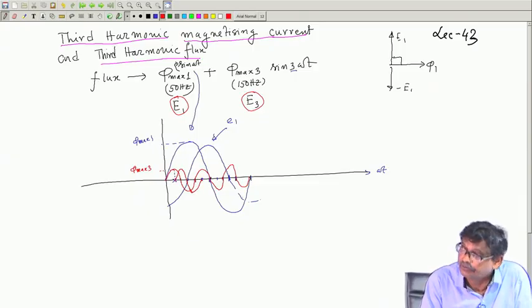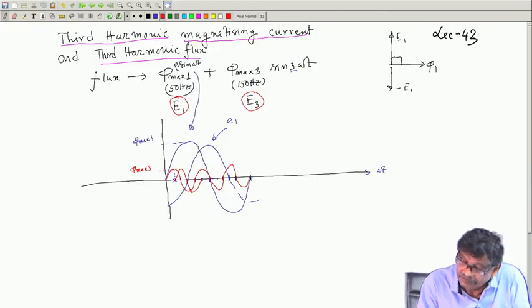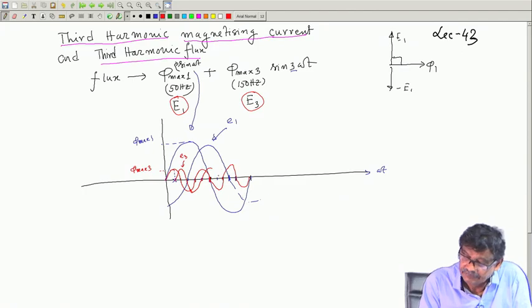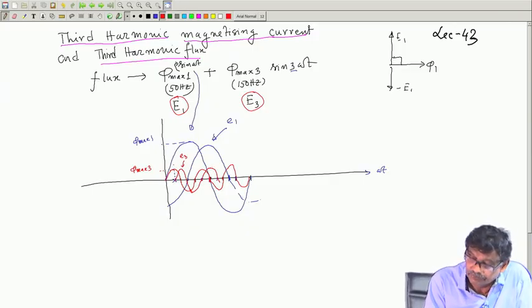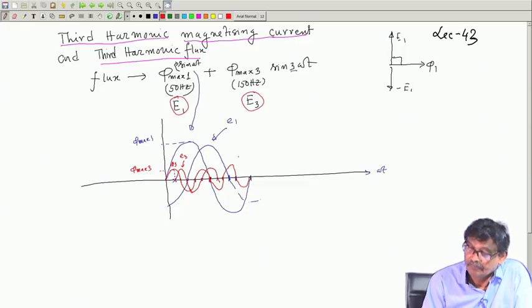This will be the induced voltage, and let us draw this. This is E 3, mind you, E 3, and then I draw the next cycle. It will be like this. It will come here like that. So, phi 3, this is phi 3, first one, 90 degree lagging with respect to this phi 3 is this is E 3, like that it will continue.